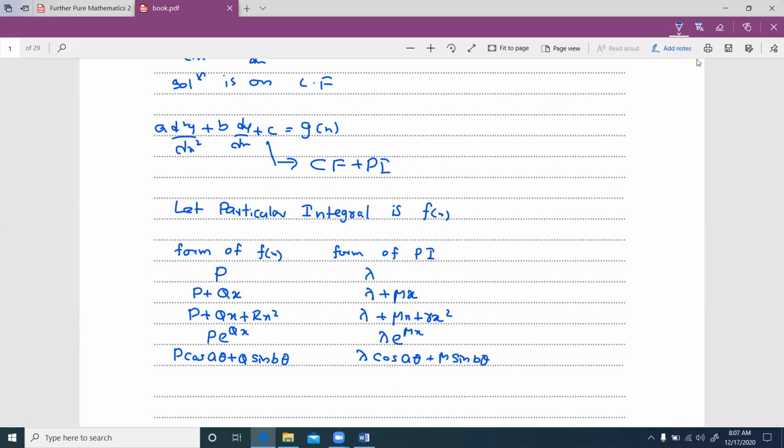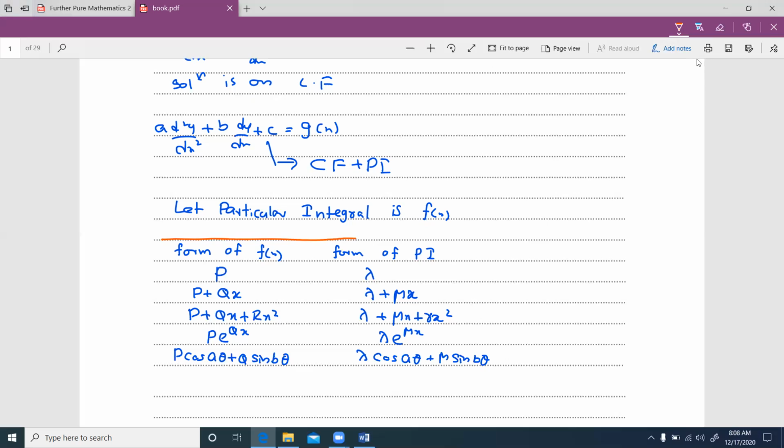Here the a and b would be the same. These are the formats for the particular integral, and these are the solutions we can expect. Just looking at this table you won't understand, but when you work out questions, you will understand how it comes.